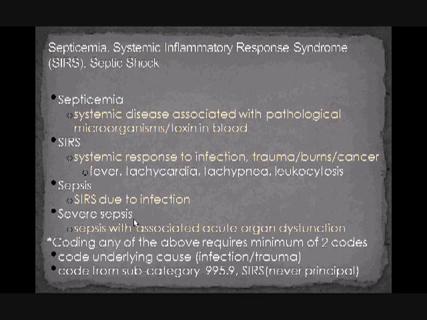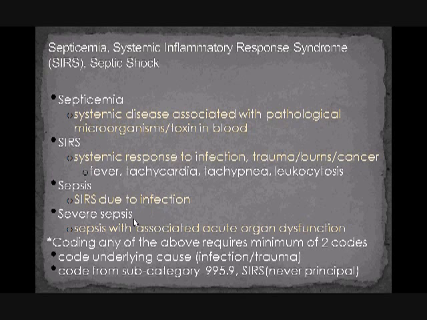In which case, the code from the 995.9 category is what we use. Remember that systemic inflammatory response can never be principal. It can never be a primary code, because just listen to the word. It's response syndrome. It's a response to something else. It's a response to an infection. Therefore, it cannot be first.